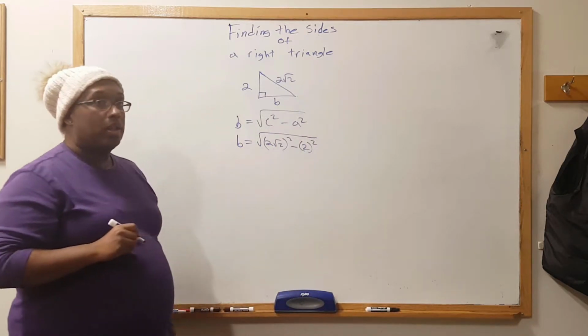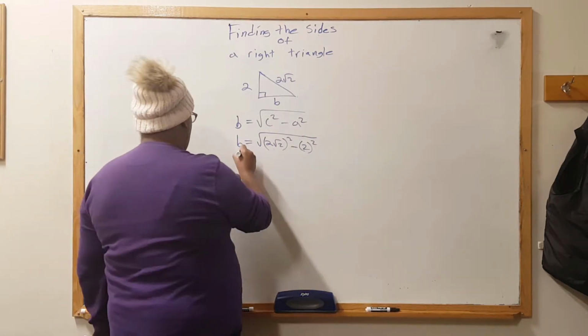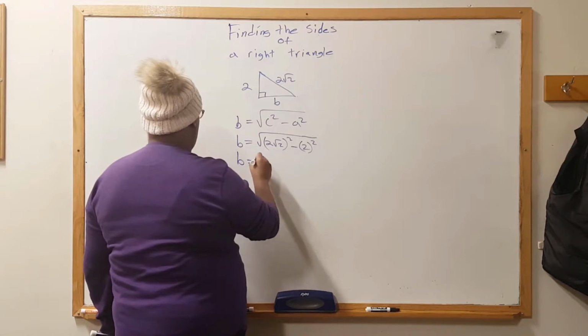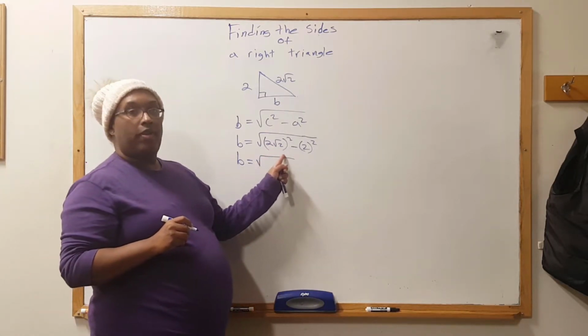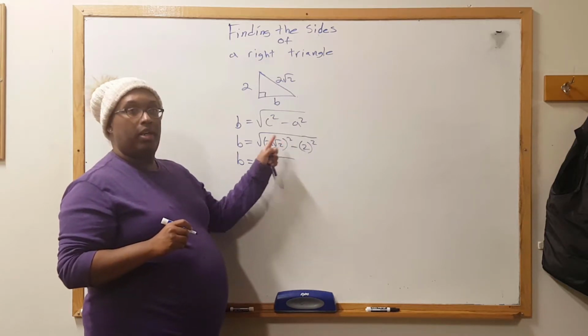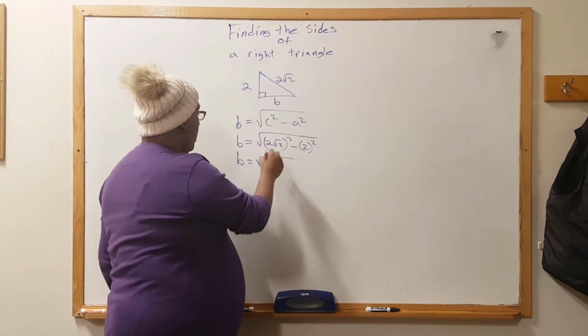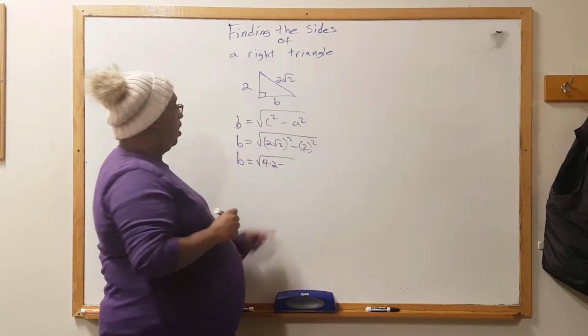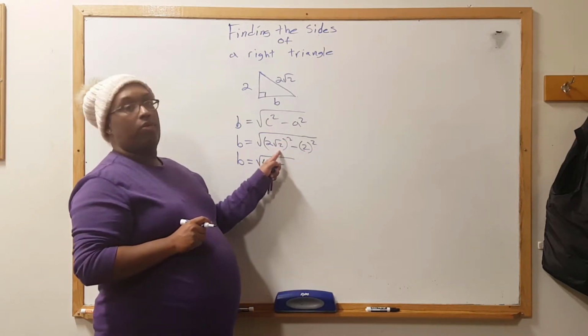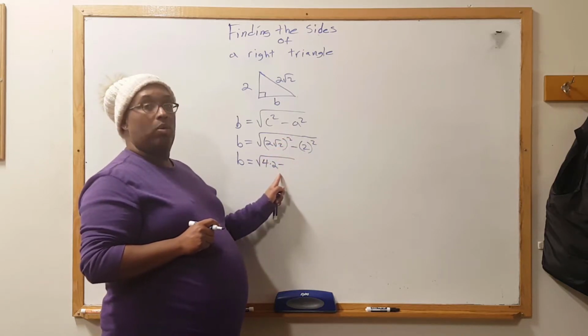So now let's see what we get. B equals square root. We can square both of these individually. 2 squared is 4 times 2. So we get 4 times 2, because the square root of 2 squared is just 2.